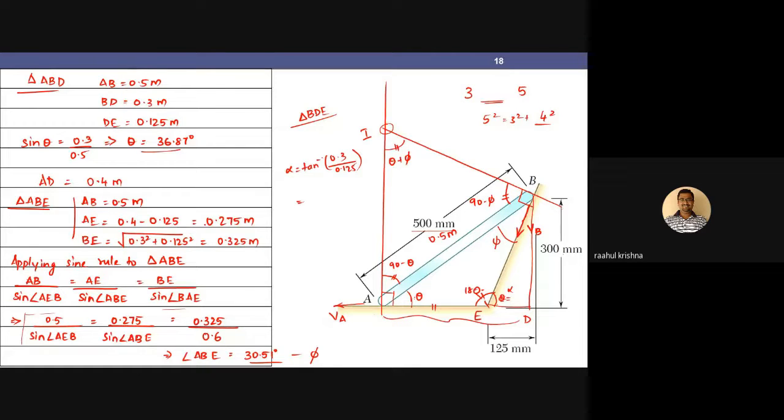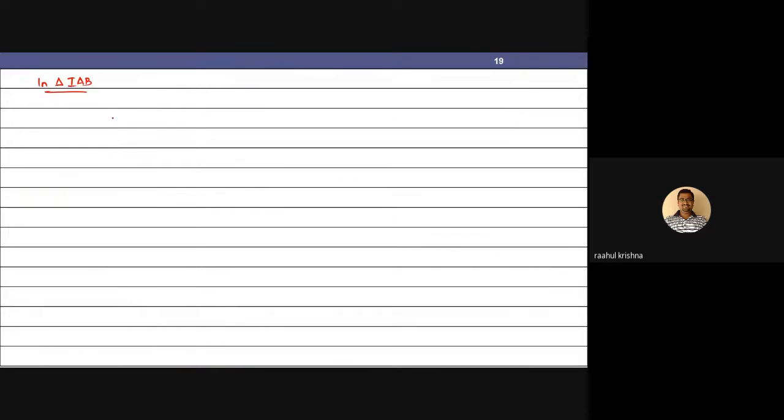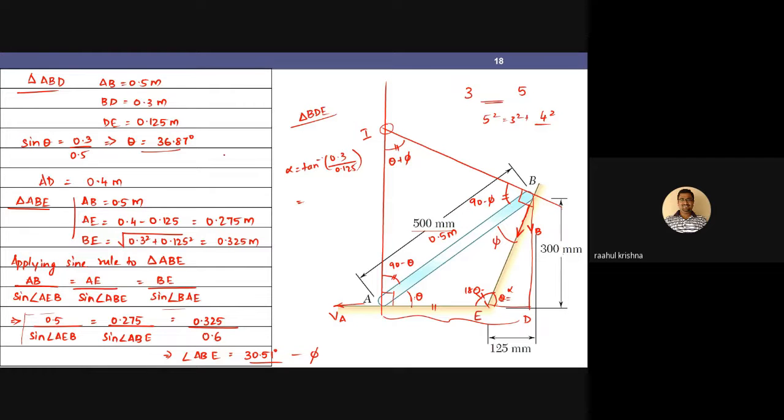I have my triangle IAB. In triangle IAB, what is length AB? 0.5 meters, that is given. Now I have to find theta plus phi, this angle, right? That will also come out.